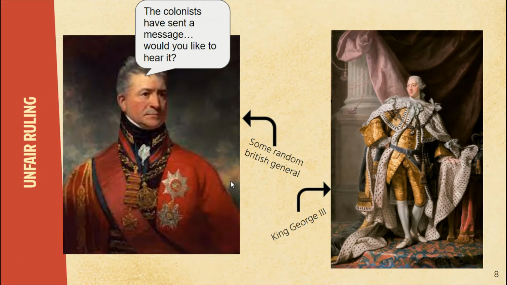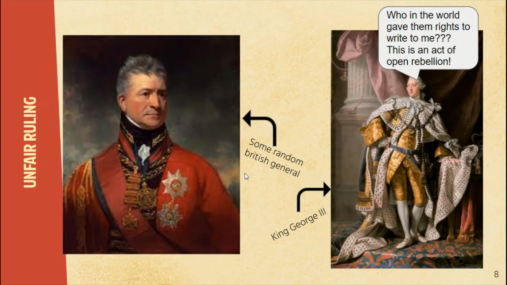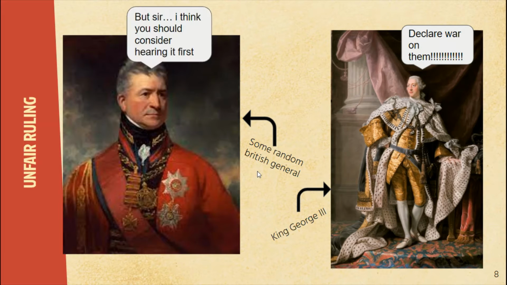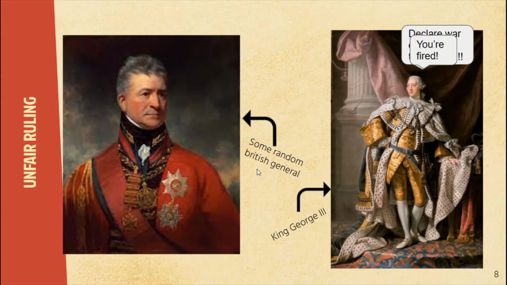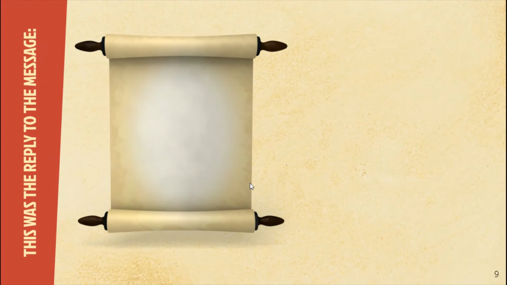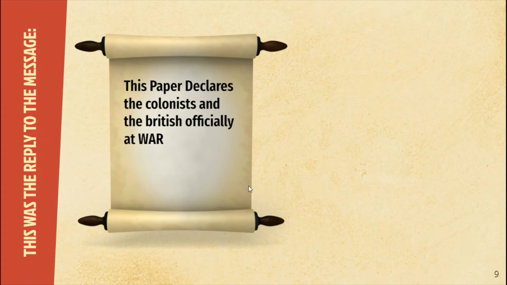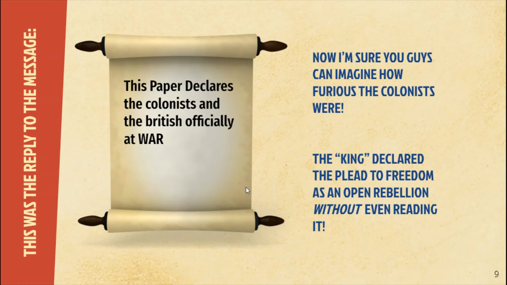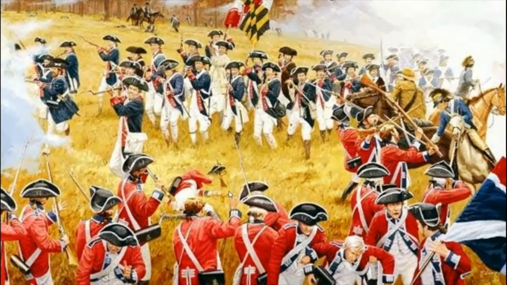However, the king says that they don't even have rights to write to the king. And he said that this is an act of open rebellion. And he just declared war on the colonists. This paper declares the colonists and the British officially at war, but the king just declared war on the plea to freedom. This was not fair. However, they couldn't give up, could they?